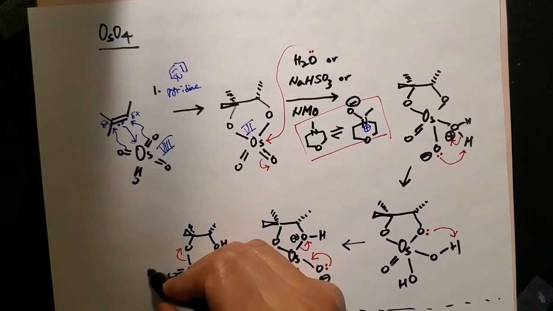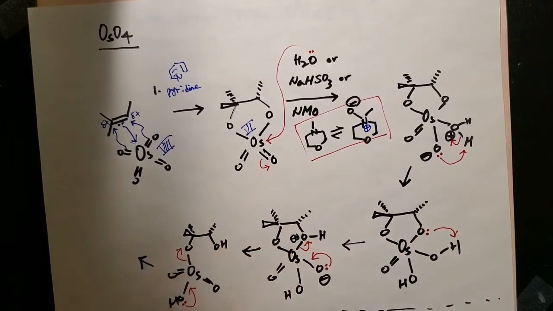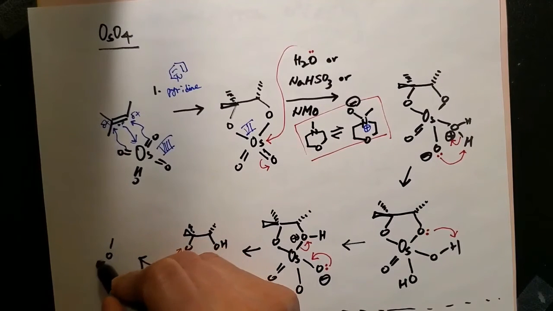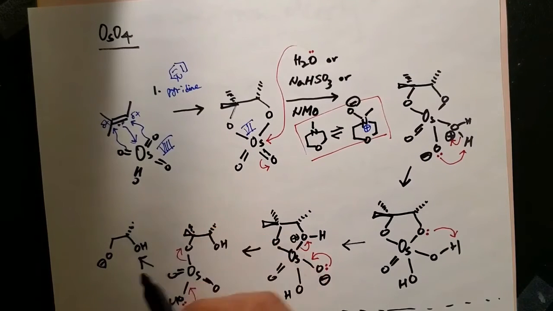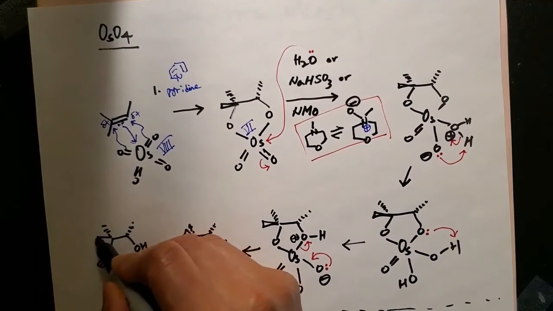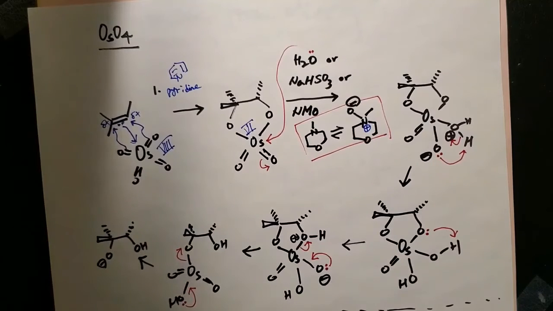Anyway, so if you do that, then you know you got alkoxide with the OH here, with osmium trioxide but with the hydrogen on it, right?